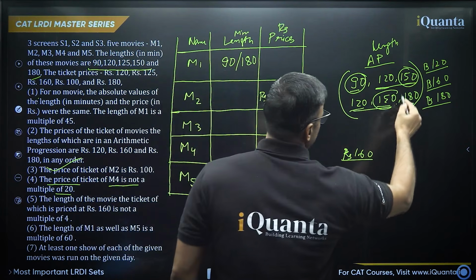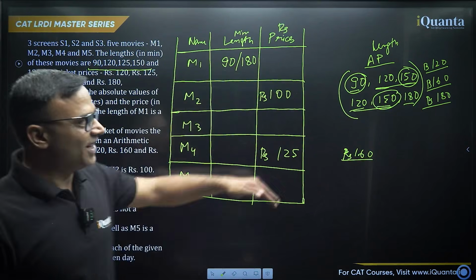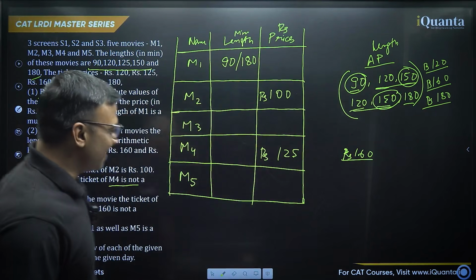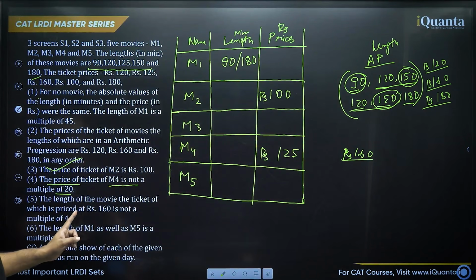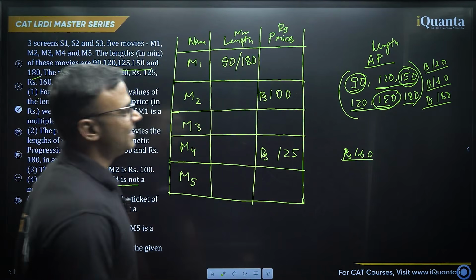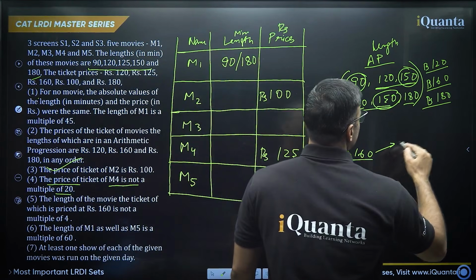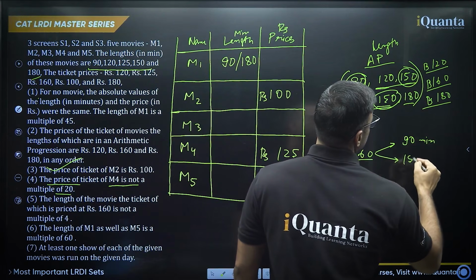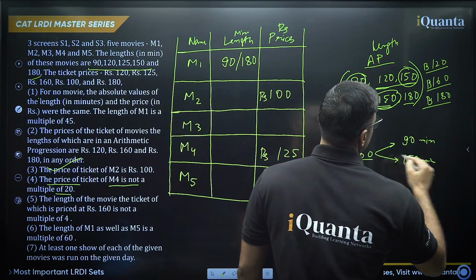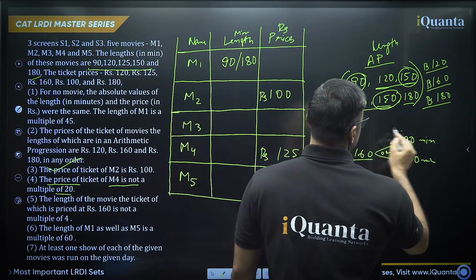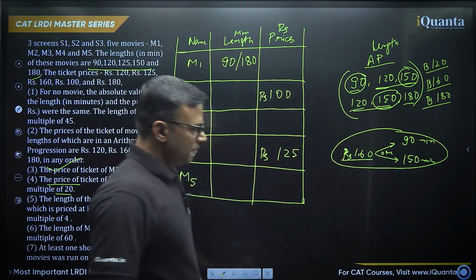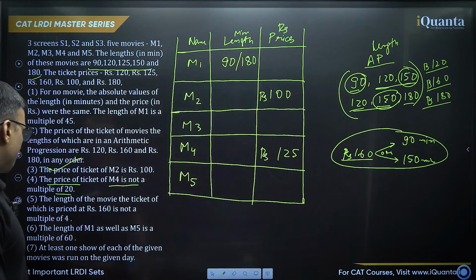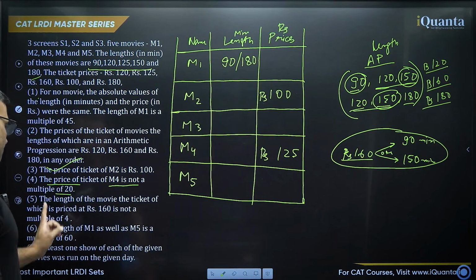It could be any one of them still. So still not very clear which AP will be used because it is not a multiple of 4. Nice, fantastic. So 160 rupees will be either 90 minutes or 150 minutes. We are not yet sure. So we have made our small short information like this. Okay, so we have taken this into consideration.